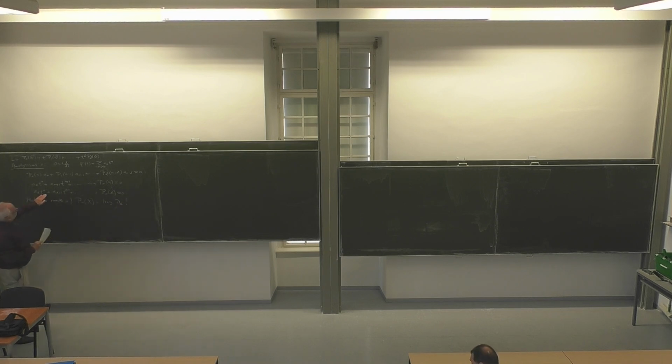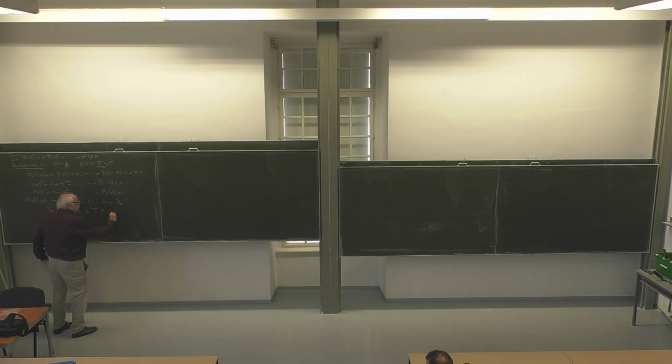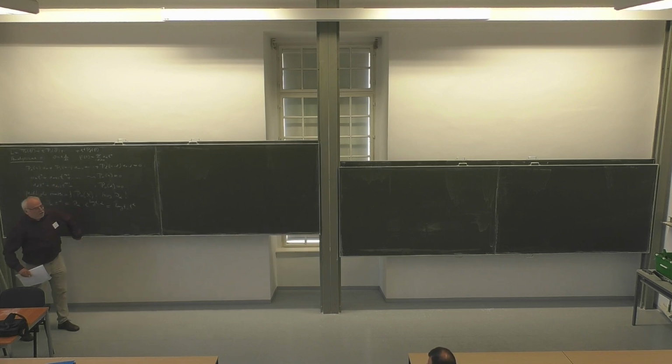So you infinitesimally move alpha, and if you differentiate t to the power alpha with respect to alpha, this is of course log t times t to the power alpha. By differentiating such an expression with respect to the index, you create the logarithm.